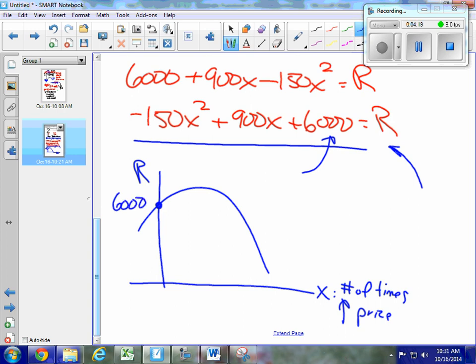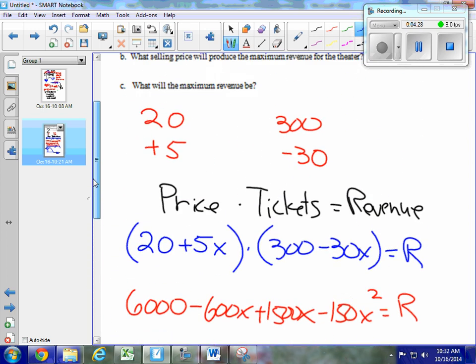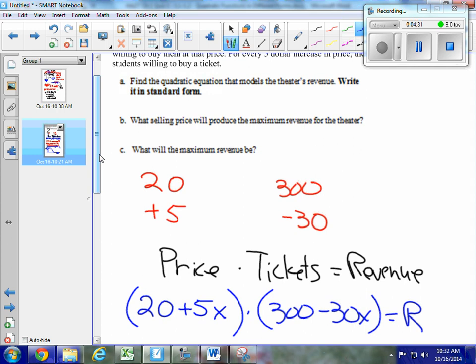So it's telling me if I do not increase the price any number of times at all, I leave the price as it is, I should have a revenue of $6,000, which when I go back to my original problem makes total sense. Because at $20 a ticket, I sell tickets to 300 students, and that is $6,000 of revenue. So I'm confirming as I go along that I'm on the right track with this problem.